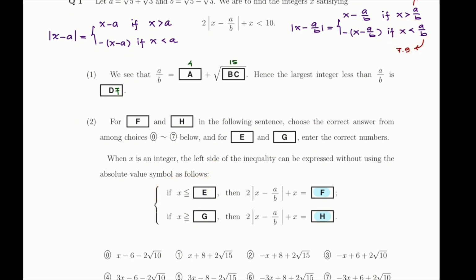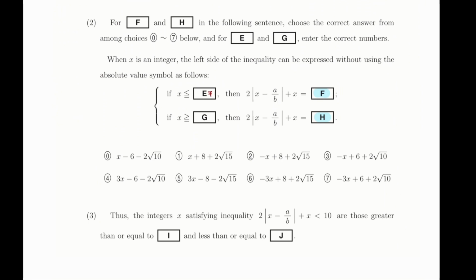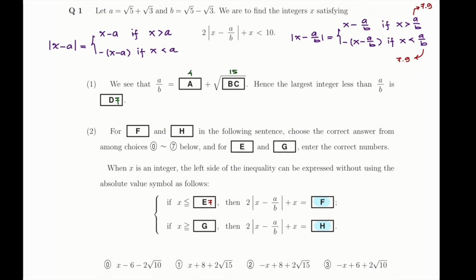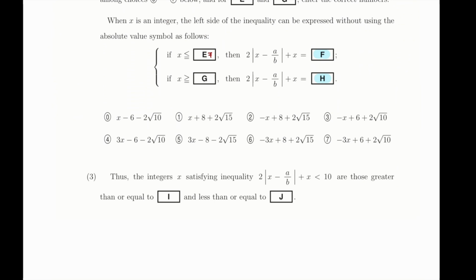So e is 7. And then for g, if x is greater than or equal to an integer, since the inequality here is greater than or equal to, you can refer to this part. x is greater than 7.9. So if I want to write down an integer which is greater than 7.9, then I think g is equal to 8. So e is 7 and g equals 8.